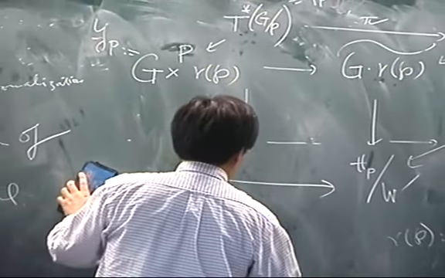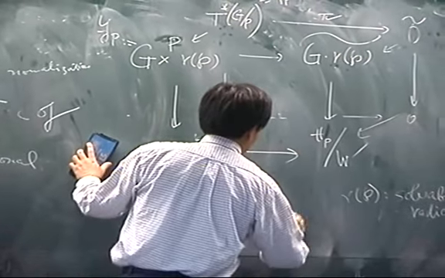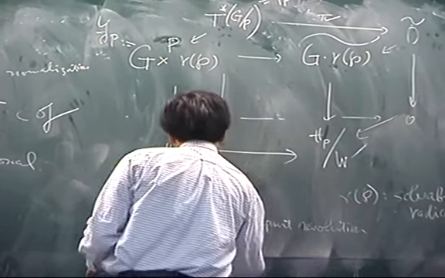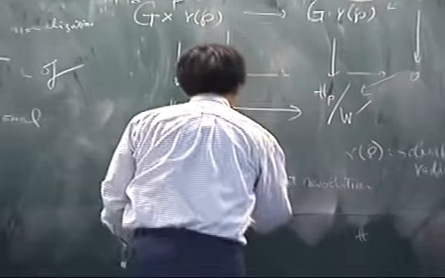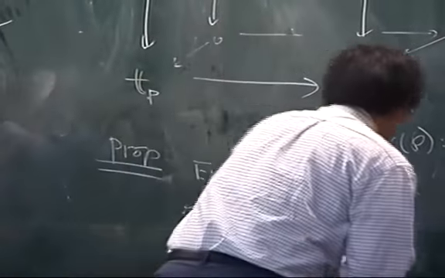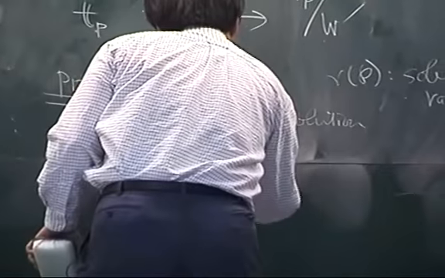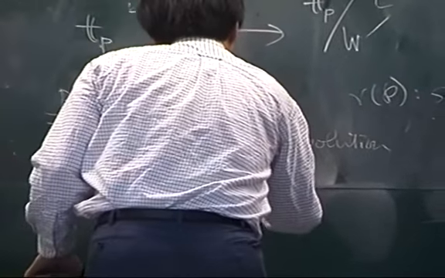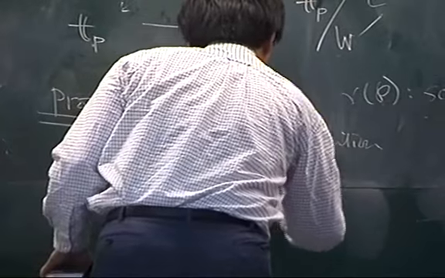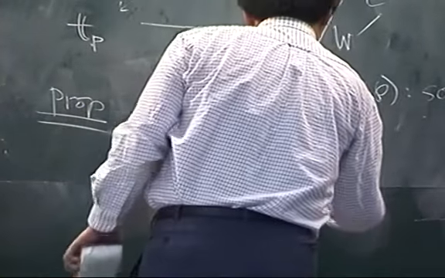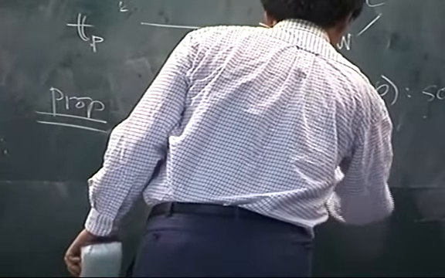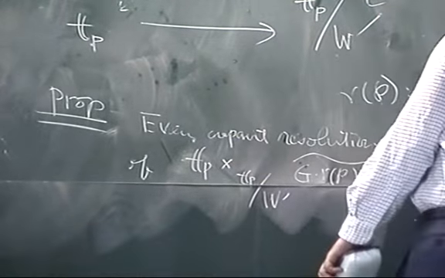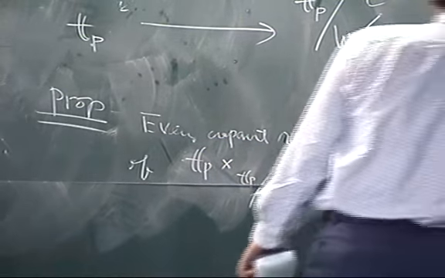Every crepant resolution of the fiber product T mod TP times TP W prime has the form YP prime.